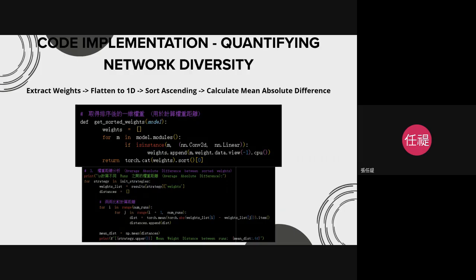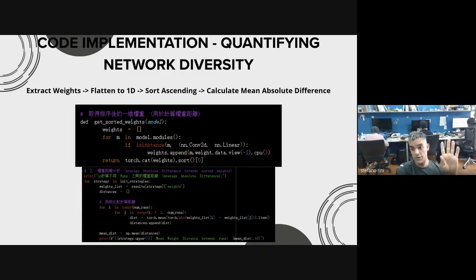To solve this, we extracted all the weights, flattened them into a 1D tensor, and sorted them. We then compute the average absolute difference between these sorted arrays to accurately quantify the distance and diversity of our models' optimization landscapes.